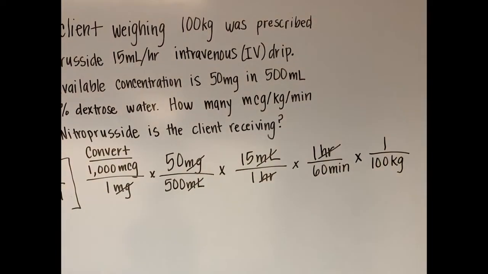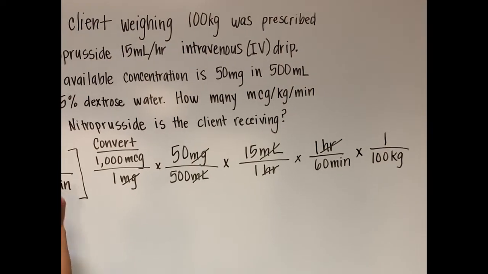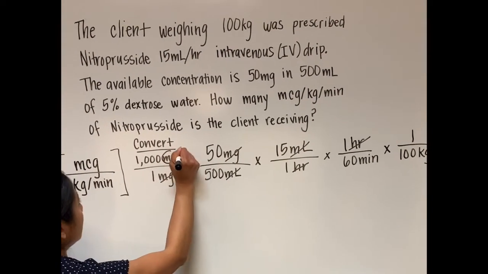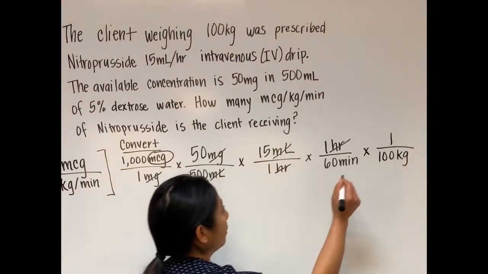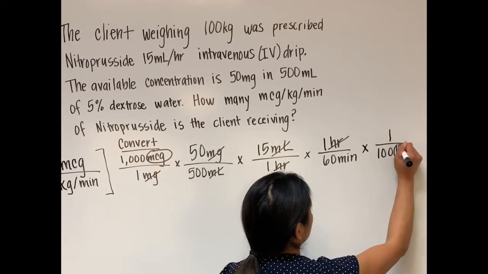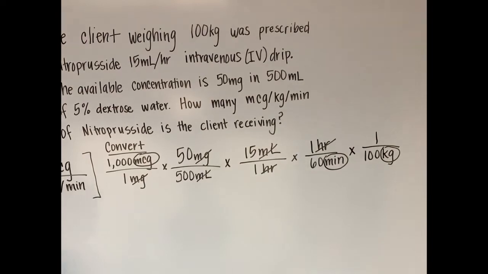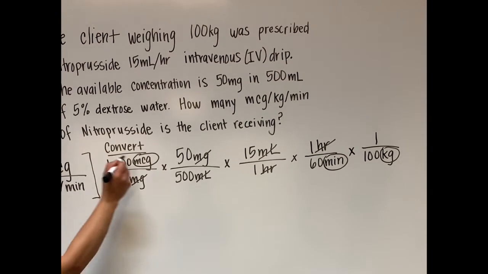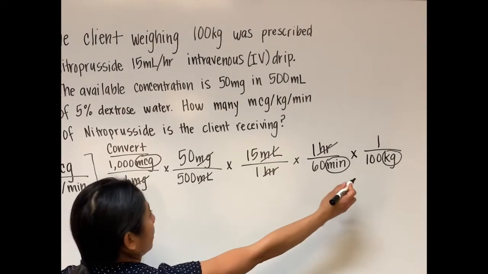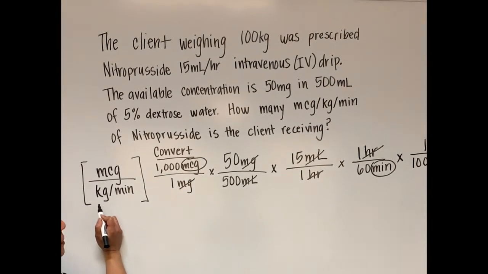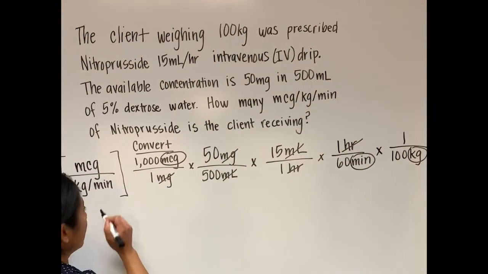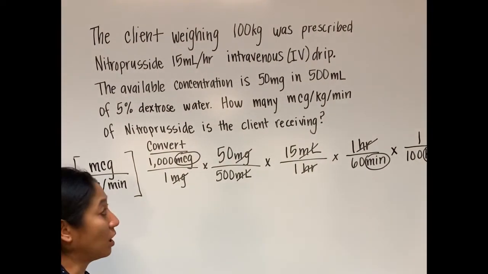Let's look at the units that we have left. We have micrograms here, we have kilograms here, and we have minutes here. So you have micrograms per kilogram per minute. So now we can go ahead and solve.